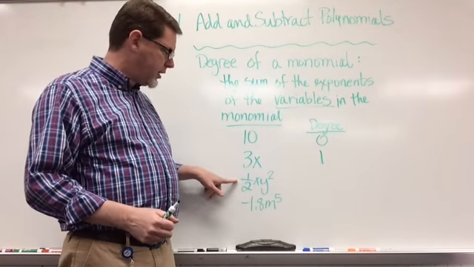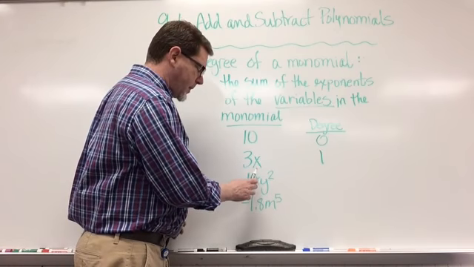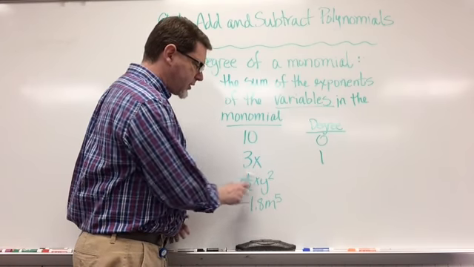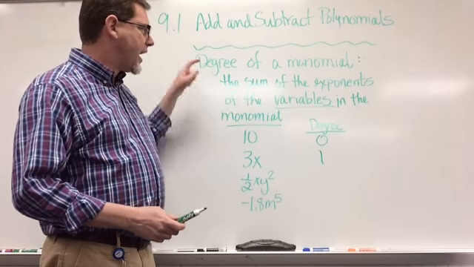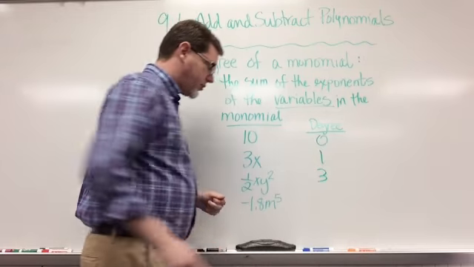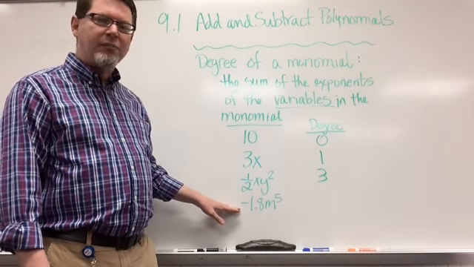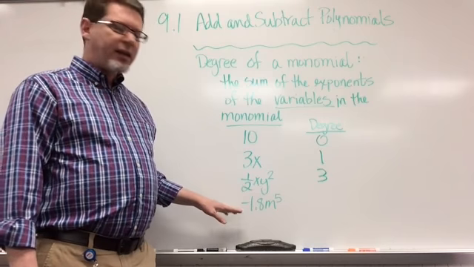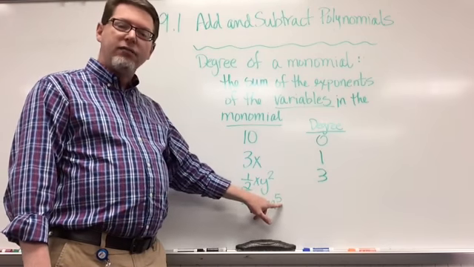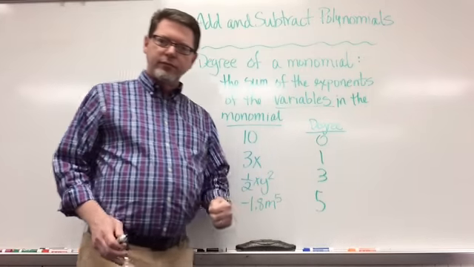And here we have 1/2 xy squared, and the exponent for x is 1, the exponent for y is 2, so we add those together because it's the sum, and so the degree would be 3. And in this last case, negative 1.8 m to the 5th power, m has an exponent of 5, so the degree for this would be 5.